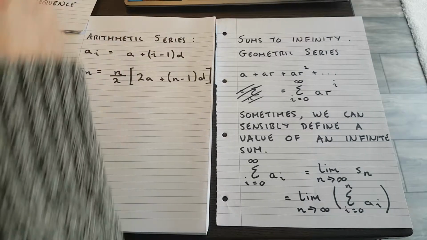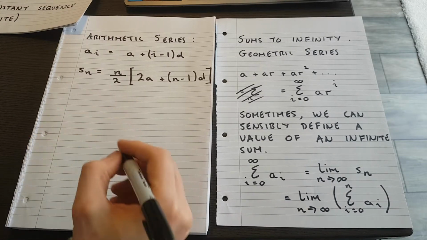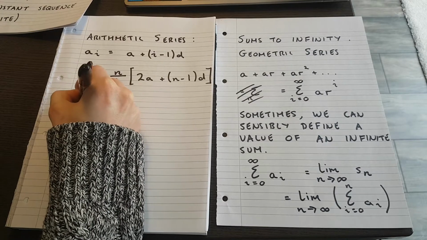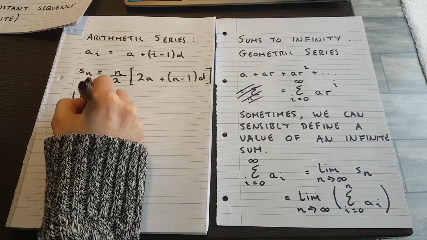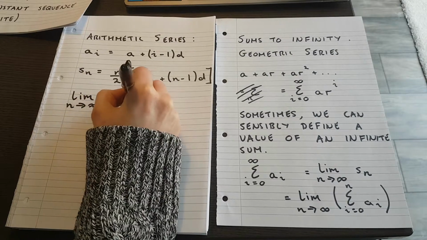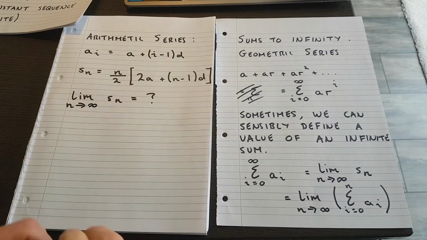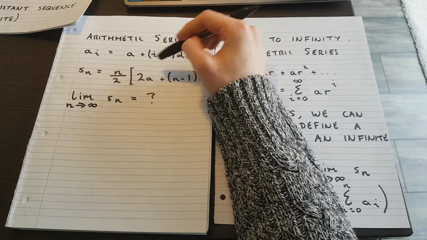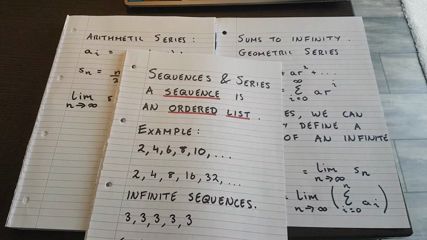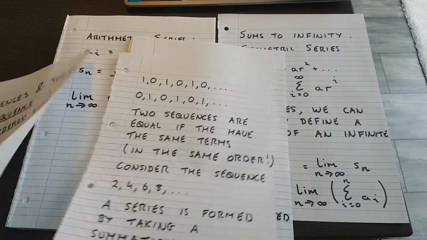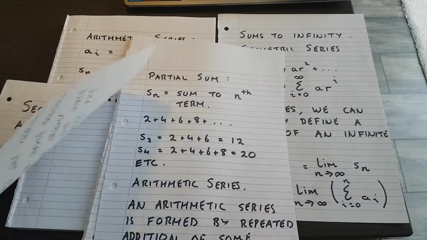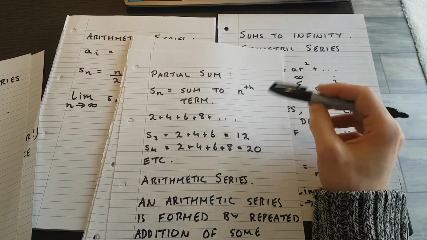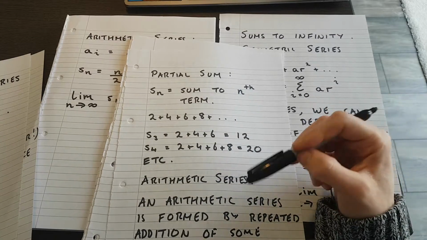And now the question is, well, what happens as n goes to infinity? Well, let's look at this. n is a multiplication term here. And even just looking at an example of an arithmetic series like I had here, we can see that the sums get bigger every single time because I'm adding on that constant difference to every term.